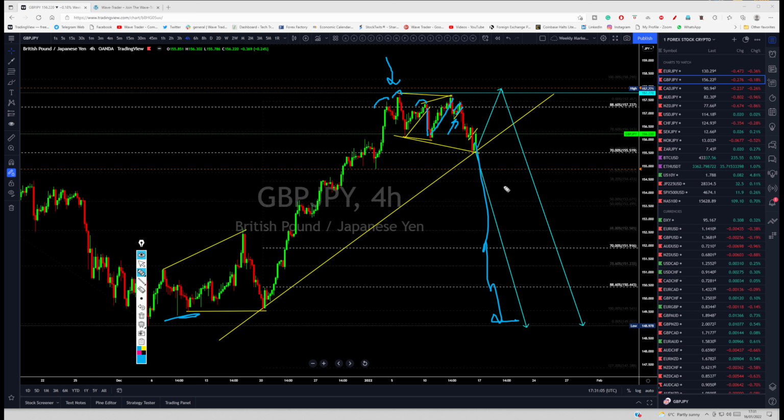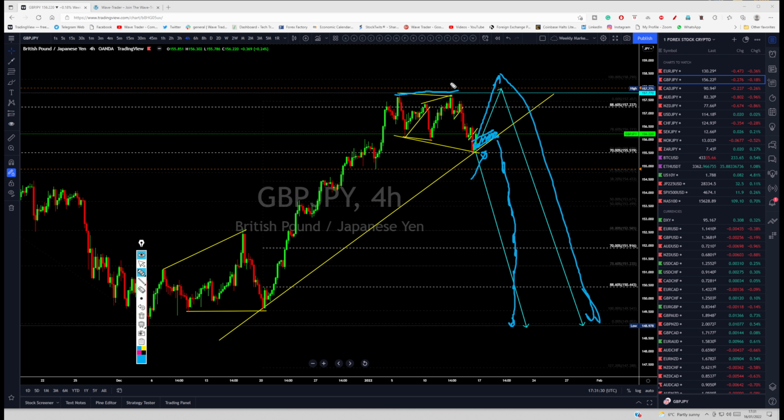There are going to be multiple opportunities within this wave once price starts falling sharply to the downside. Similar to the euro yen, you are looking for another 4-hour time frame correction to appear and price to break down sharply and keep dragging all the way back to that low. If it does not form that 4-hour time frame correction, then price pushes up, tests that top, or slightly goes beyond that top, and then starts falling again.